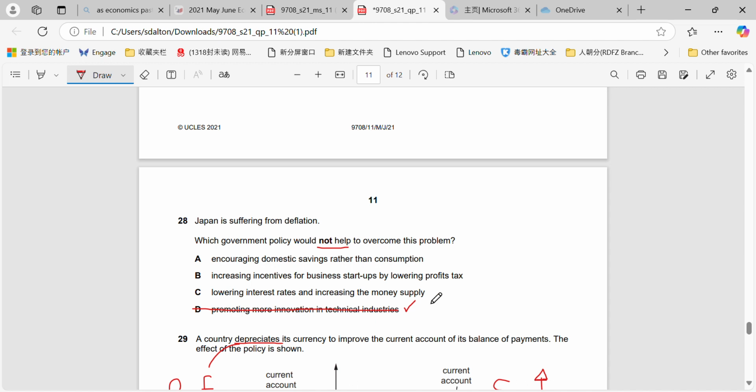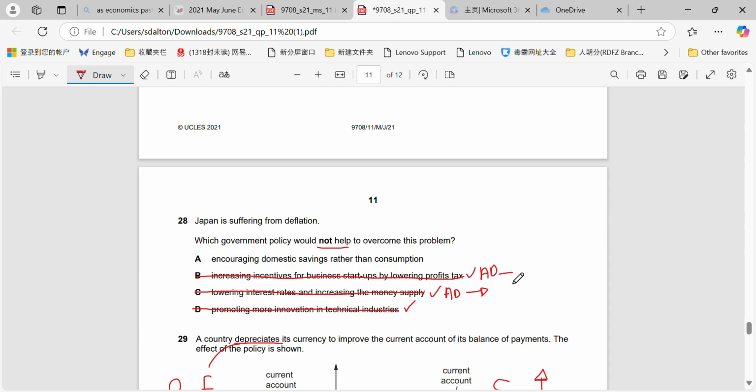Lowering interest rates and increasing money supply is expansionary monetary policy designed to move AD to the right. Therefore, consumption and investment would increase, and it would help us to reduce the deflation. Increasing incentives for business startups by lowering profit taxes, that would be expansionary fiscal policy.